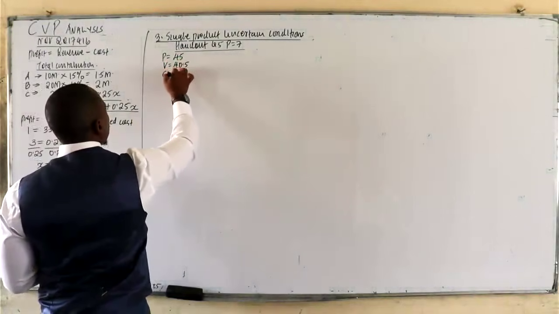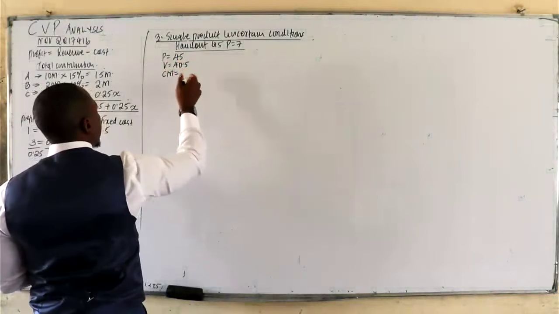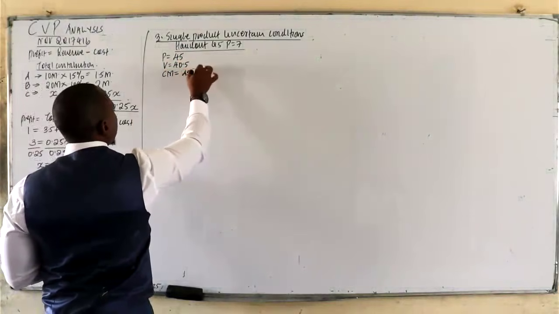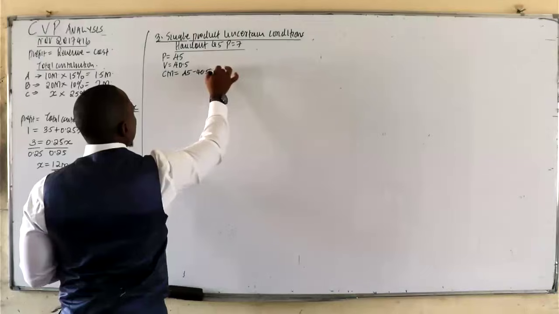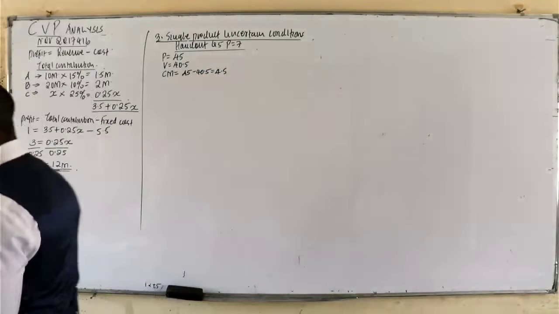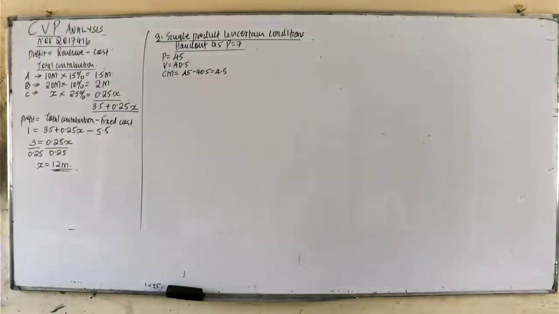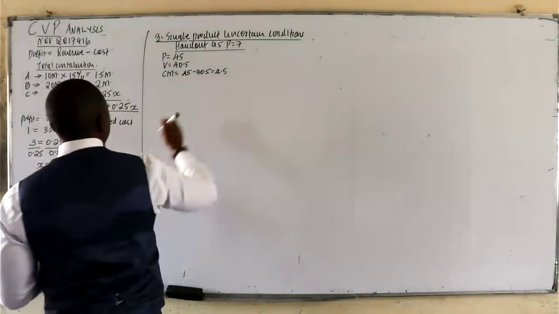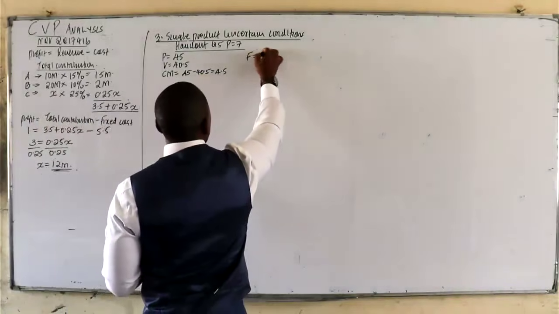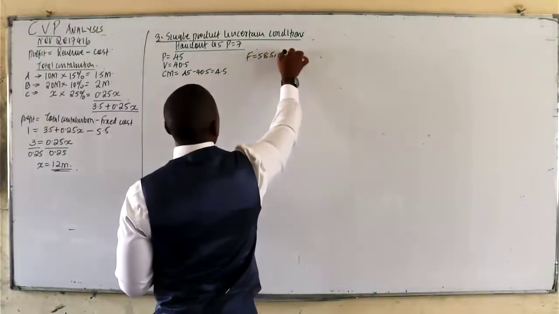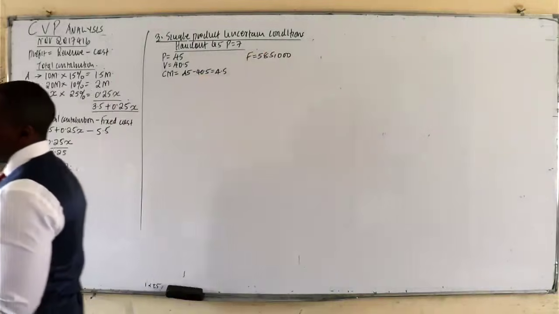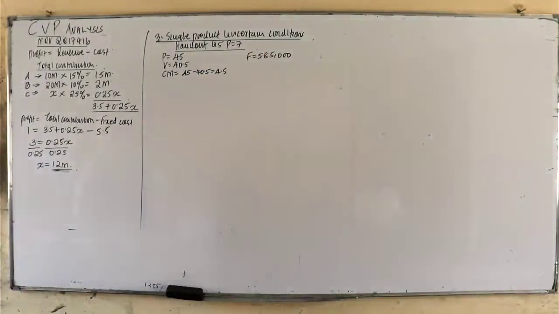That means the contribution margin per ton per kilometer is 45 minus 40.5, which is 4.5. And the fixed cost is 585,000 per annum. Now read that question again.